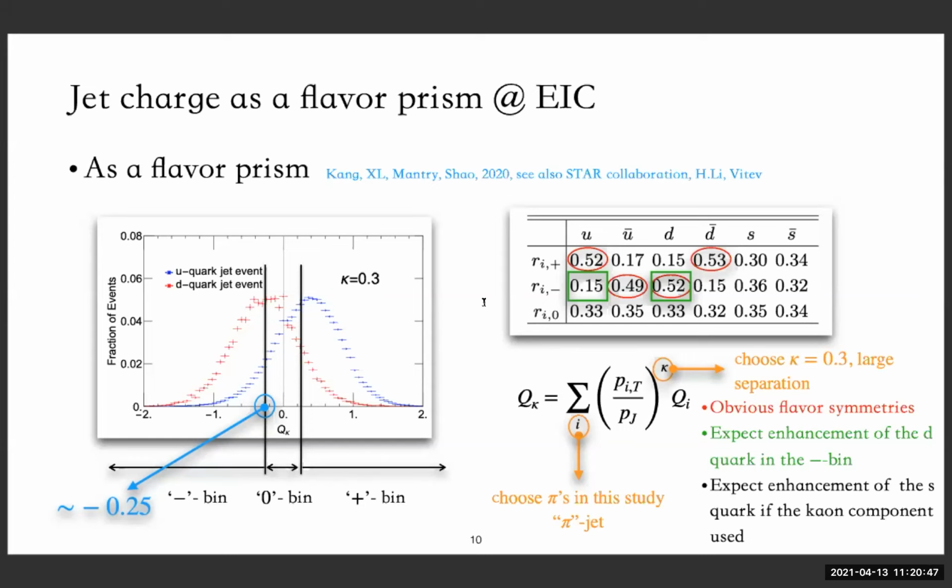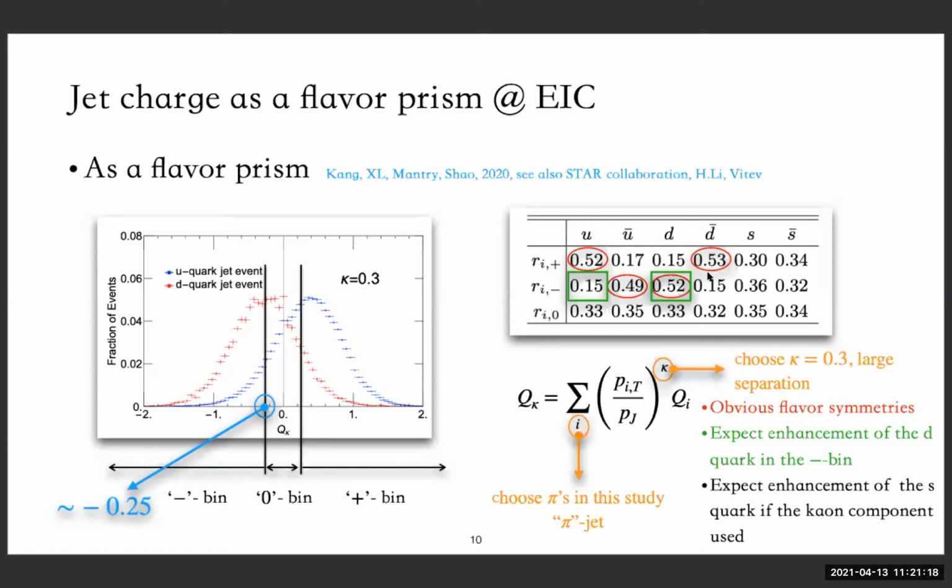For our theoretical study, we just use PYTHIA simulation to extract those event fractions Ri. So for instance, if you look at the U fraction in the positive charge bin, you find that it's actually identical to the D event fraction in the negative charge bin. This reflects the flavor symmetry I just mentioned, which will be very useful for reducing the parameters that need to be extracted from a global fitting.